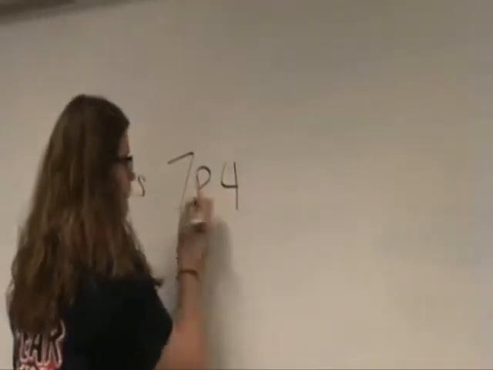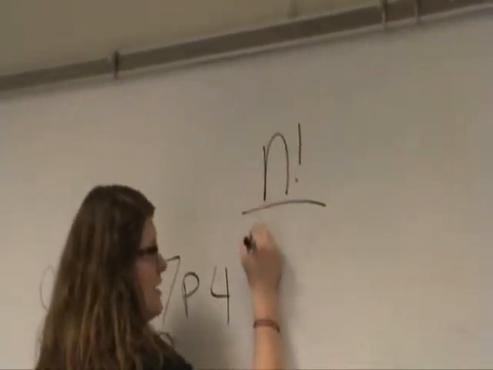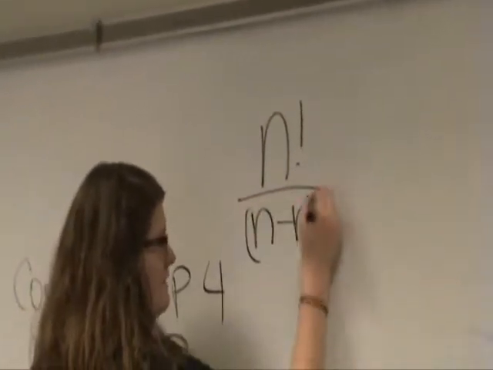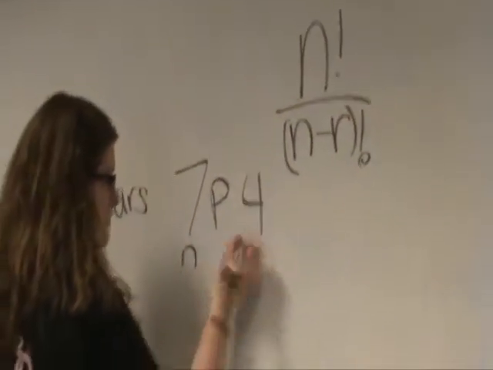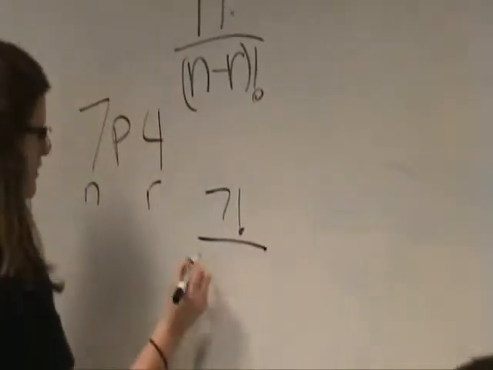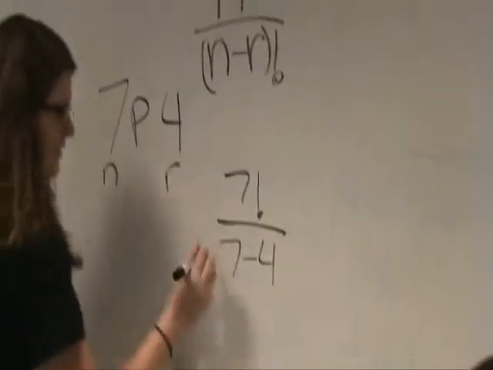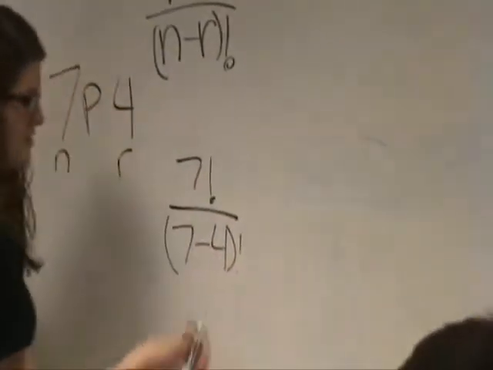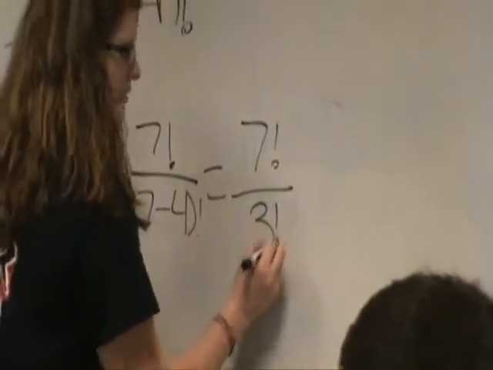The formula for permutations is n factorial over n minus r factorial. In this equation, 7 is n and 4 is r. So you do 7 factorial over 7 minus 4, because n minus r, which narrows that down to 7 factorial over 3 factorial.